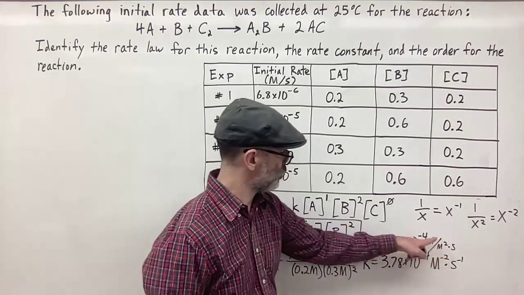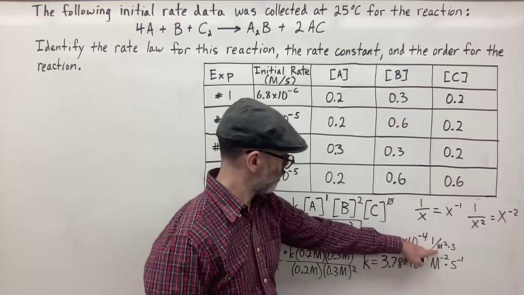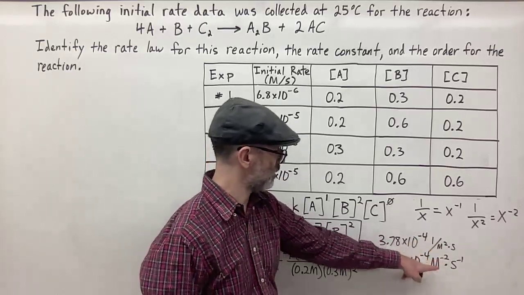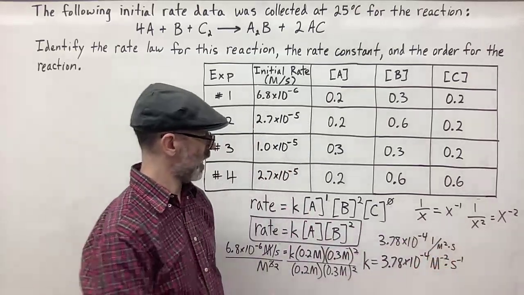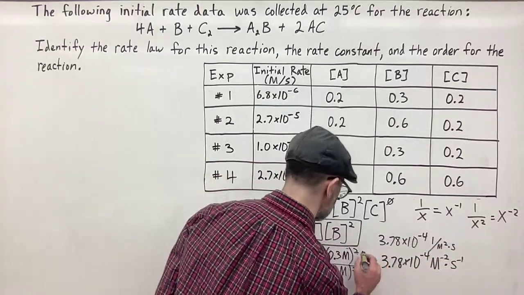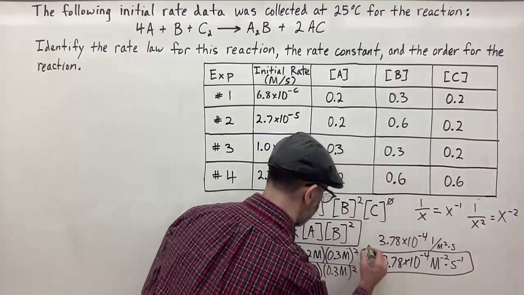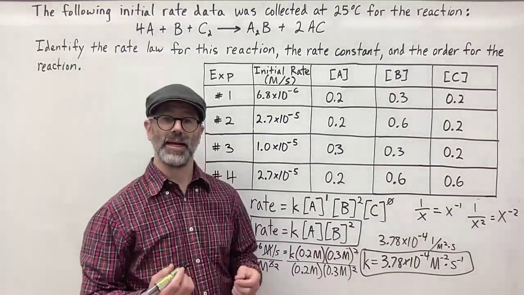Or you could bring these to the top, change the sign. So M squared on the bottom becomes M to the negative 2 on top. S on the bottom becomes S negative 1 on top. So this would be the answer to the rate constant.